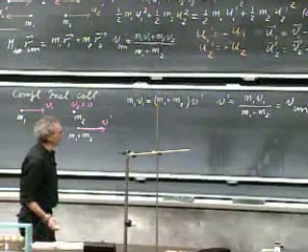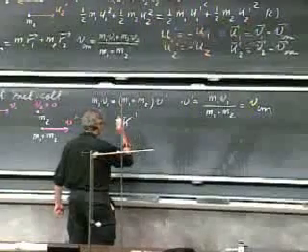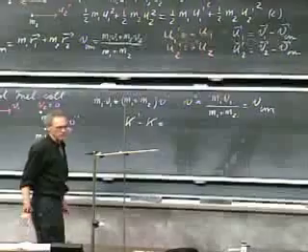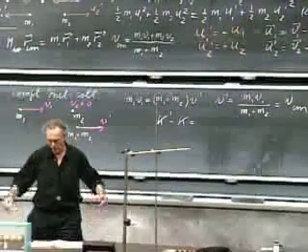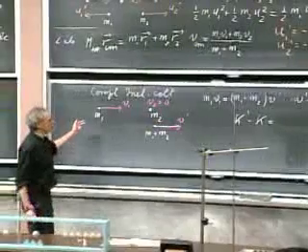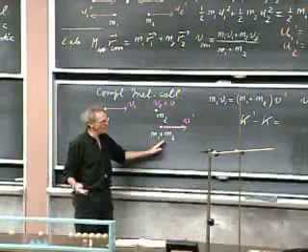Now we can calculate what the difference is between the kinetic energy after the collision and the kinetic energy before the collision. That is, of course, something that is rather trivial. You know what the kinetic energy is before the collision. It's 1/2 m1 v1 squared. And you know what it is after the collision.